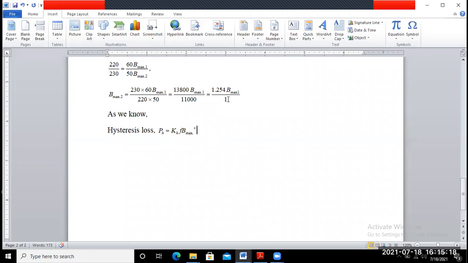So we can write PH2 divided by PH1, that means at frequency 2 divided by frequency 1.